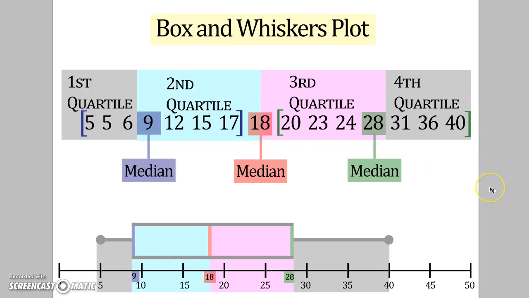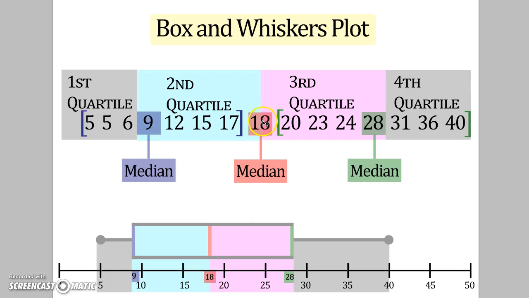So again, to finalize this process, I wanted to show you how the 4 quartiles work. We have, again, the inner 2 quartiles, second and third, being the creation of the box. The outer quartiles, the first and the fourth, creating the left and right whisker. Our original median value of the entire data set is our center point.